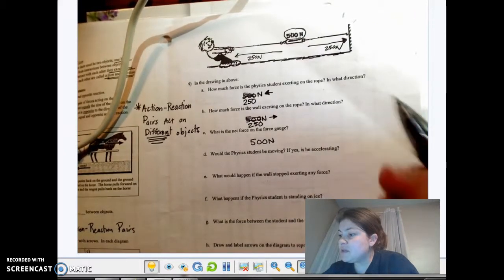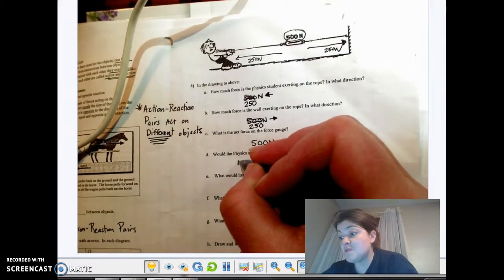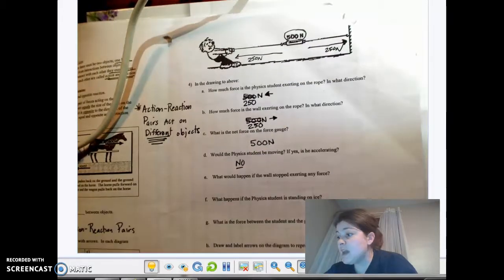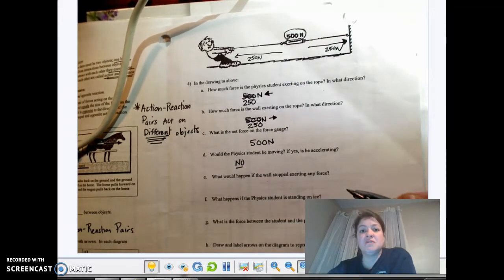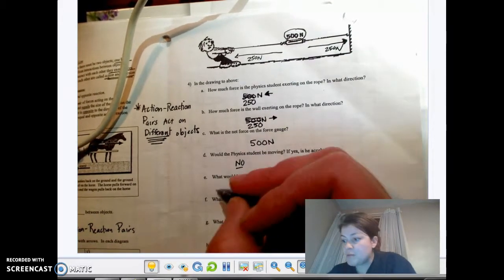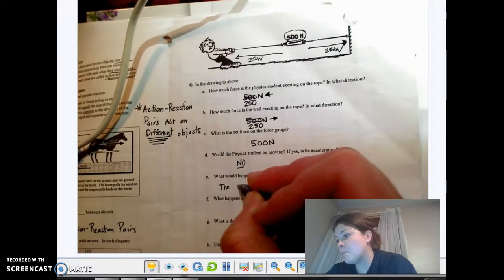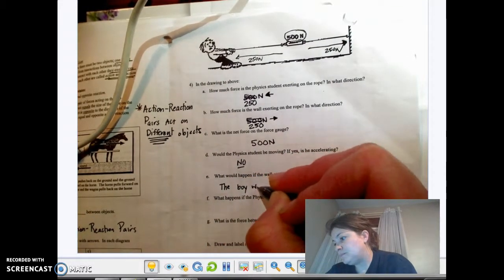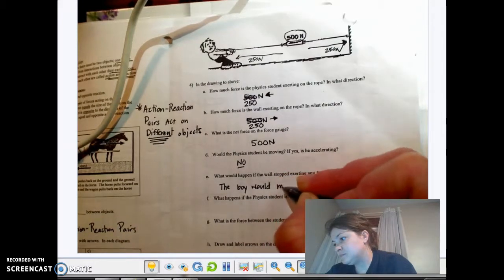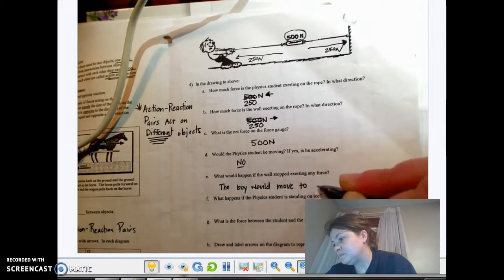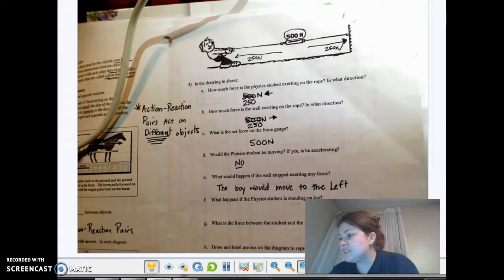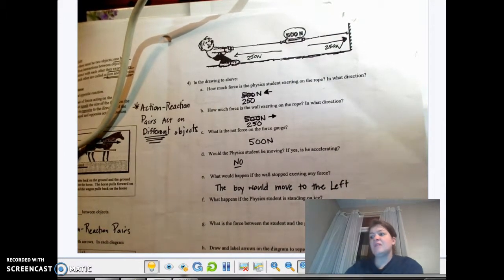Will the physics student be moving? I would say no. What would happen if the wall stopped exerting a force? The boy would go flying to the left. What happens if the physics student is standing on ice?